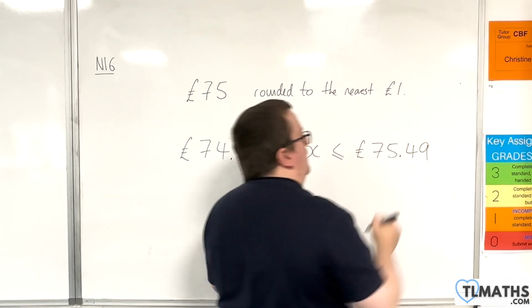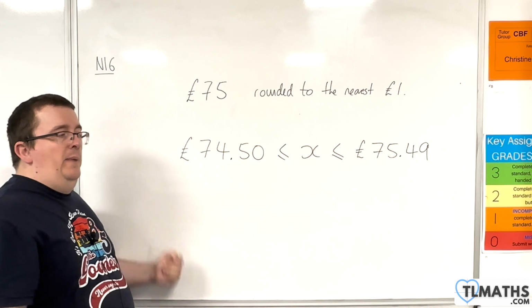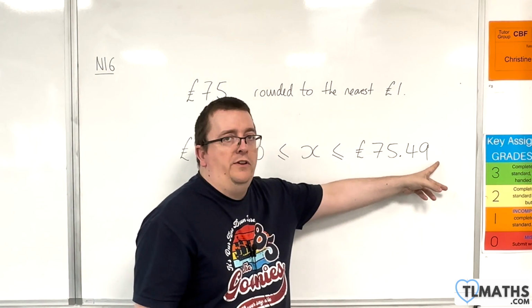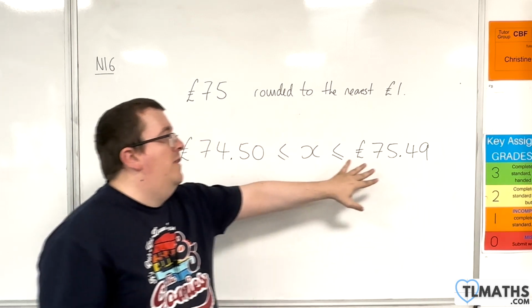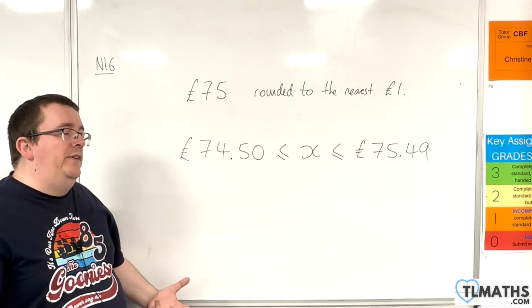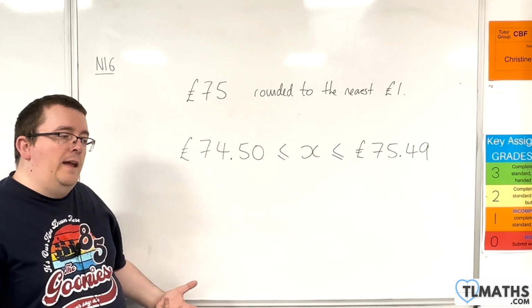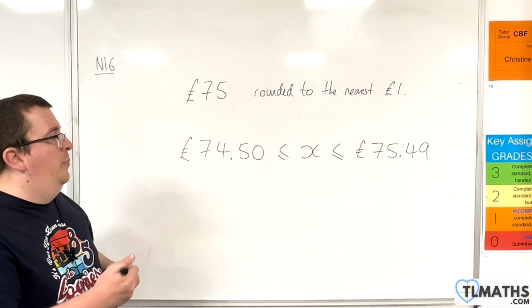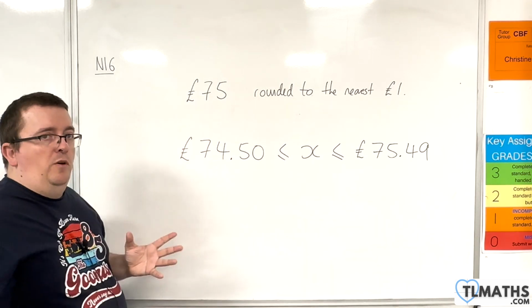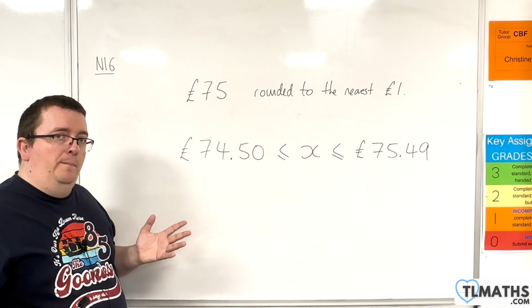It would be £75.49. Okay, because I can't go into any smaller denominations. So that is much more accurate than saying it's got to be less than £75.50. Okay, so actually we can put less than or equal to on both ends of this problem, of this discrete problem.